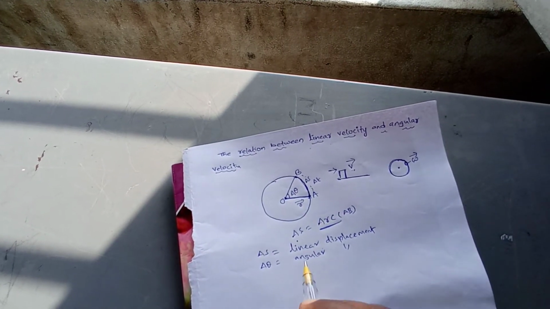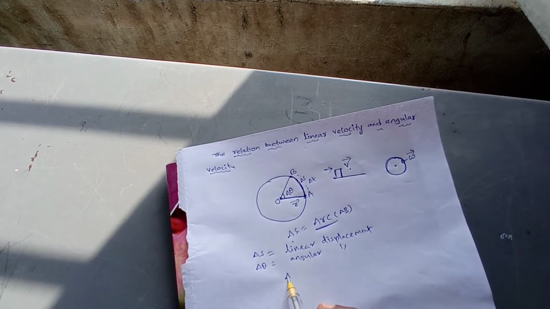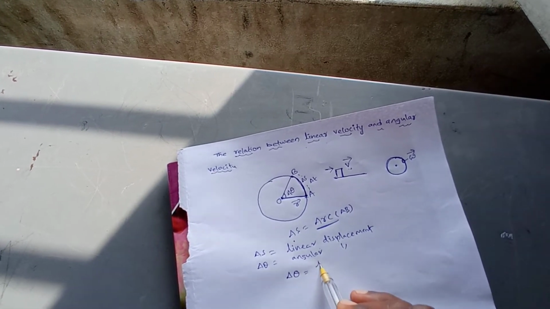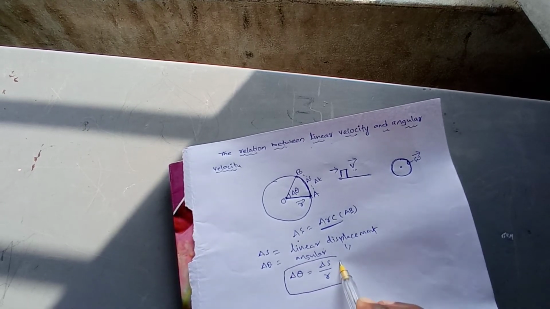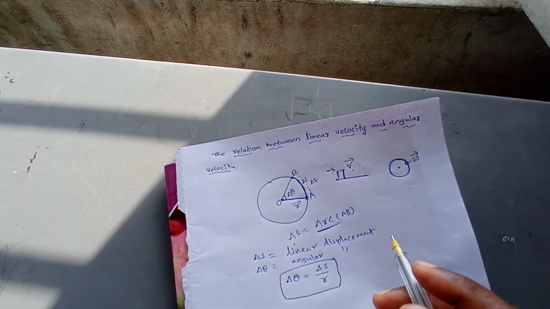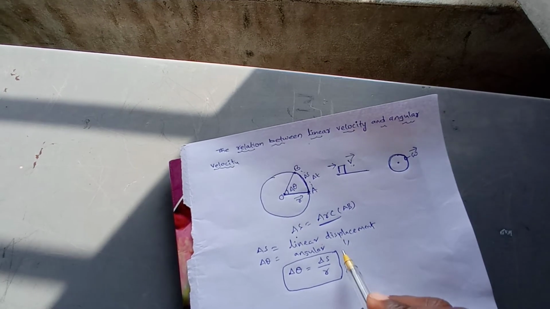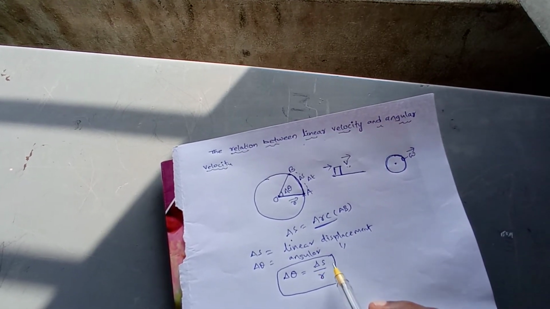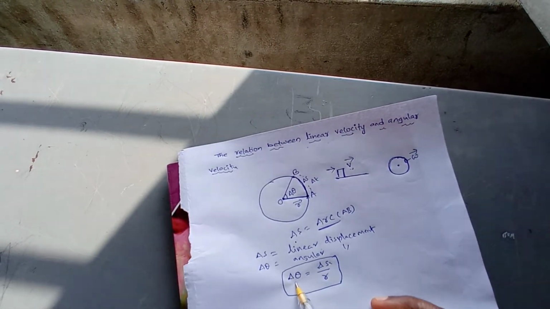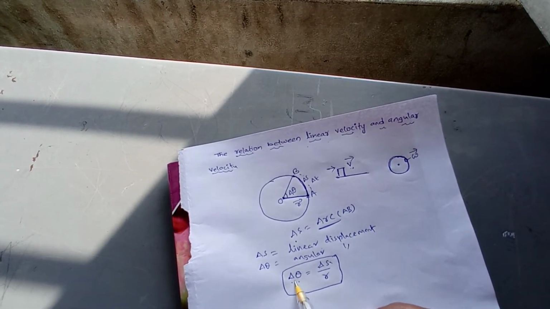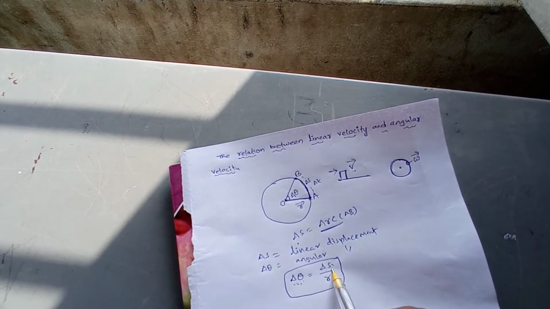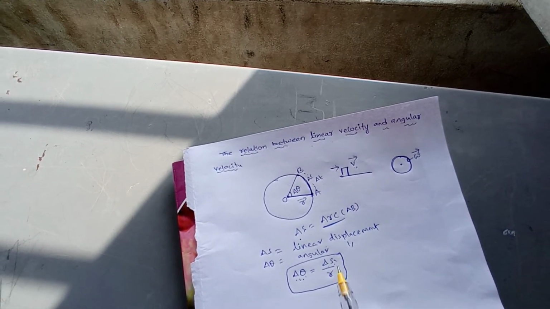Mathematically, we can represent the angular displacement as delta theta equal to delta S by R. This is the mathematical expression of angular displacement, so this is also called the relation between linear displacement and angular displacement. Delta theta indicates angular displacement, delta S indicates linear displacement.